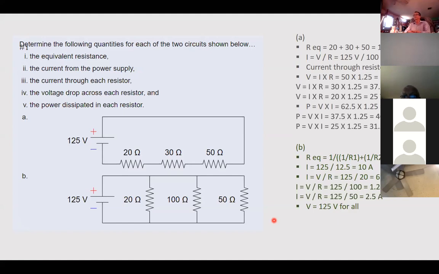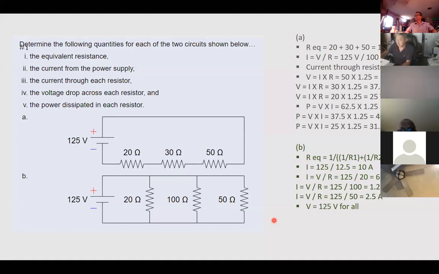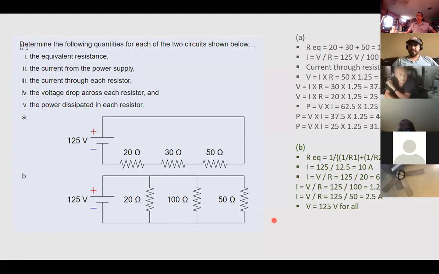Let me know so I can move to the next one. Not yet. Are you done? Yes. Okay.